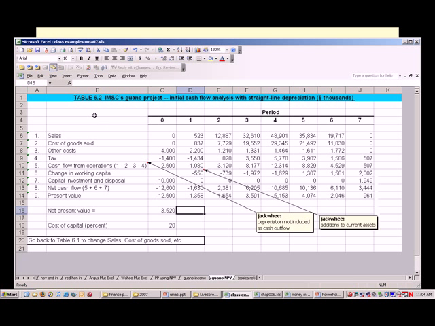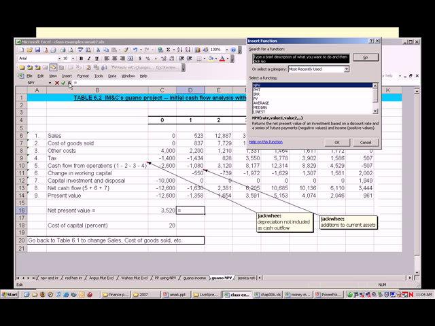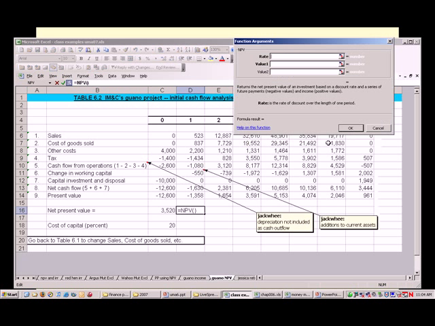And once again, we want to go up and invoke our function wizard, find NPV as the function that we want, say OK. Now we have a cost of capital or discount rate that's given as 20%, and that's written in as a percentage. I'm just going to write in here 0.2 for our discount rate, so that we have it in the format that the Excel function's used to.